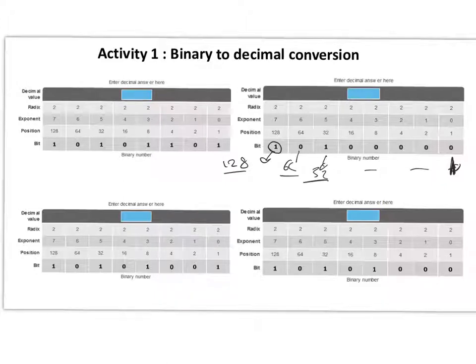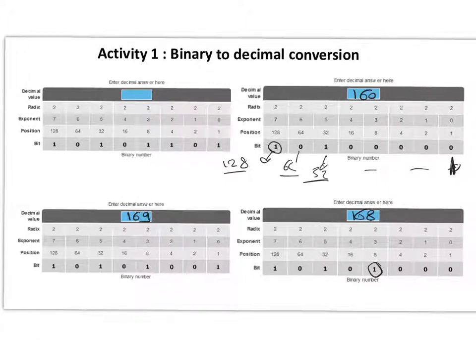So this number is simply 128 plus 32, which is 160. If you notice, the only difference is this one. So this one is equivalent to 8, so it becomes 168. Okay? So this one you just add 1, which is 169.